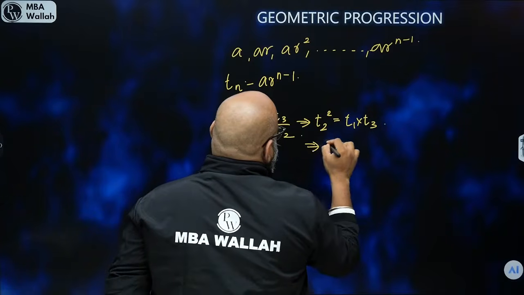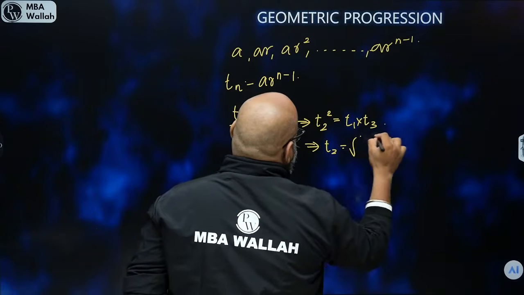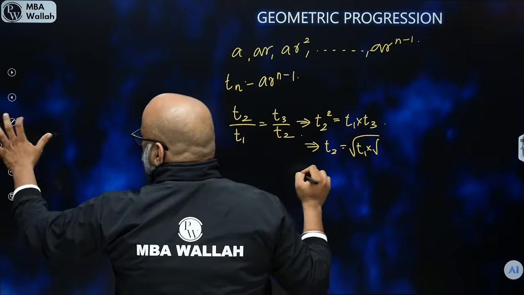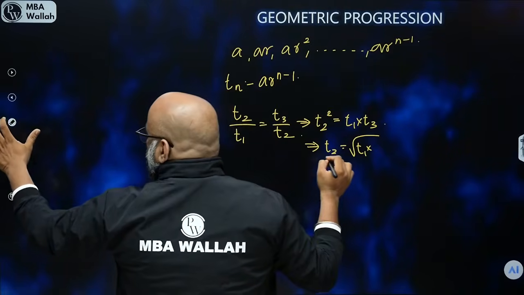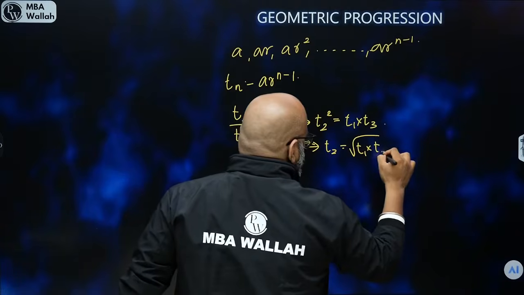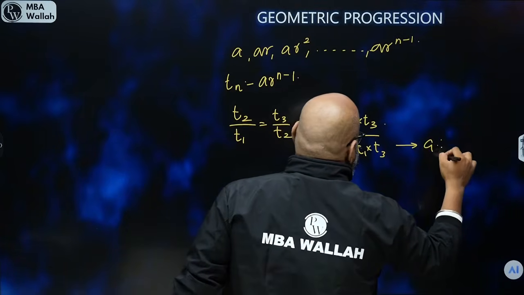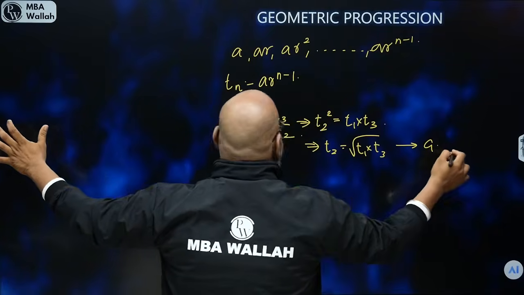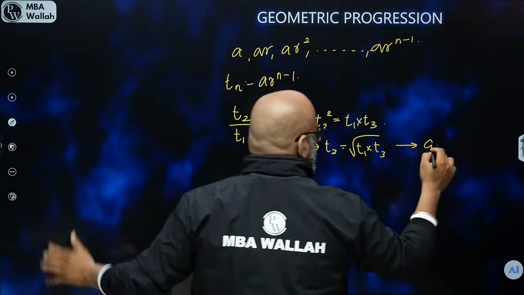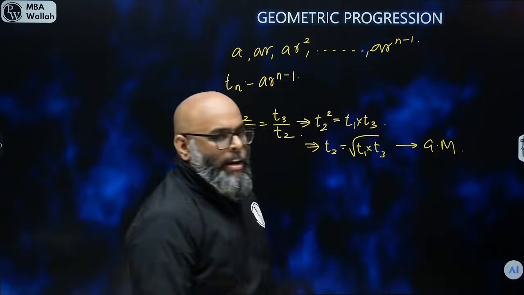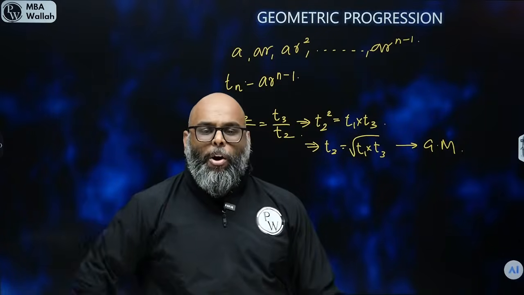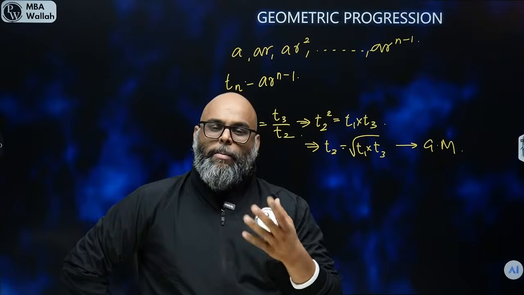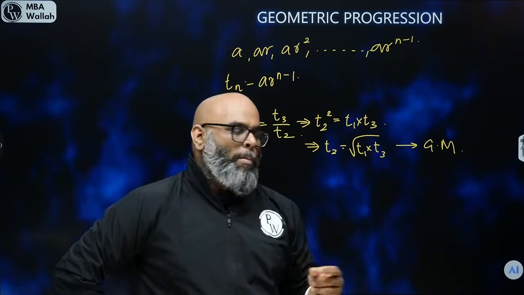From here we can say T2 is equal to the root of T1 into T3, or we call this the geometric mean. The geometric mean of any two numbers is given by the square root of the product of the two numbers. Arithmetic mean will be the average of the two numbers.